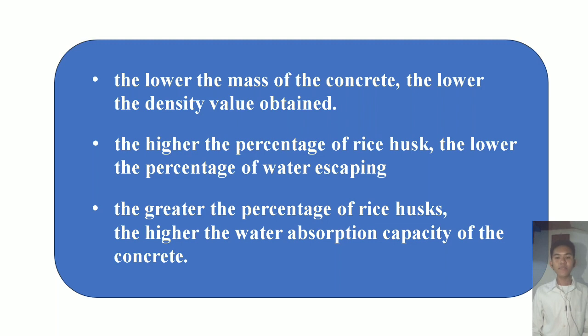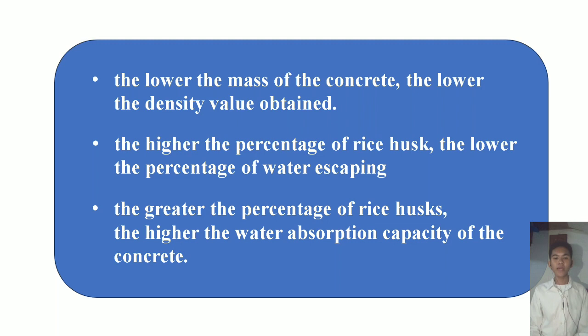This is due to the composition of coarse aggregate, which is also getting reduced along with the addition of rice husk. The coarser the aggregate used, the more pores are produced. Therefore, the highest percentage of escaped water was in the coarsest aggregate variant, the smallest percentage of rice husk.